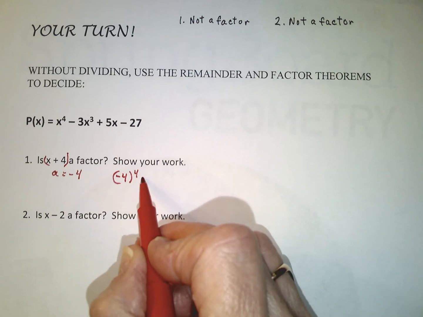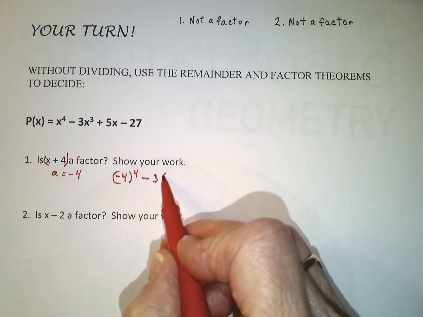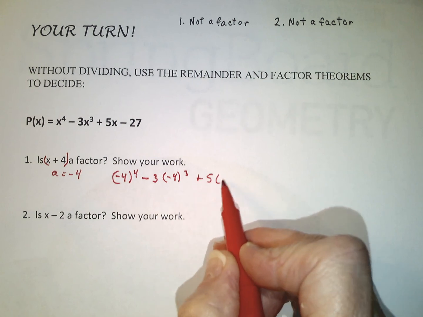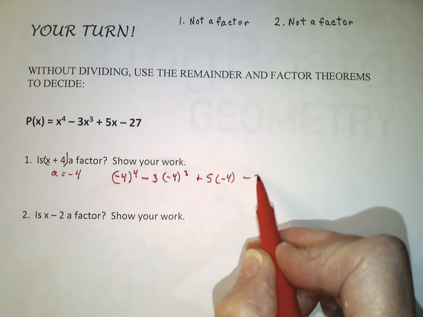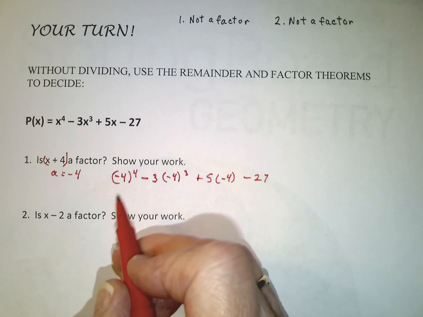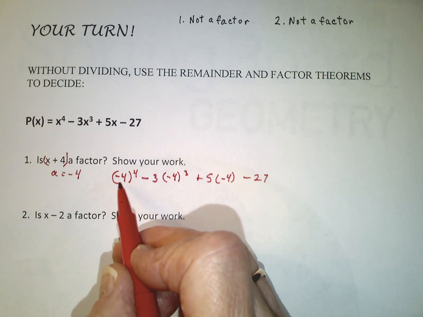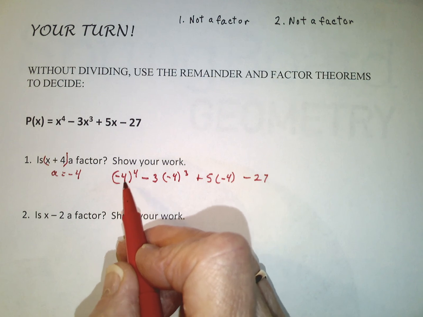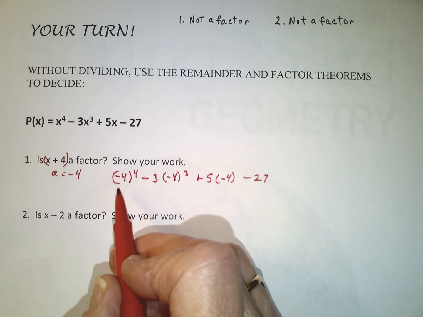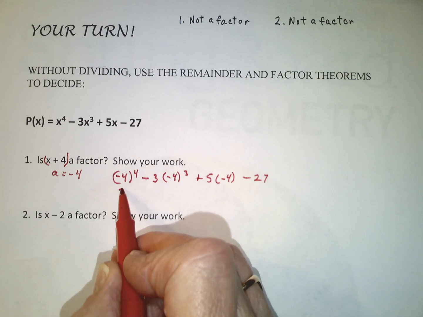So take the 4th power on negative 4, minus 3 times the 3rd power on negative 4, plus 5 times negative 4, minus 27. Well, negative 4 times negative 4 is 16, times another negative 4 is negative 64, times another negative 4 is 256.